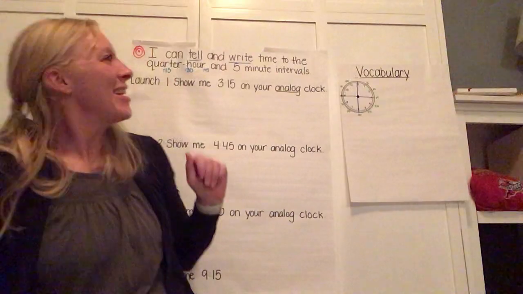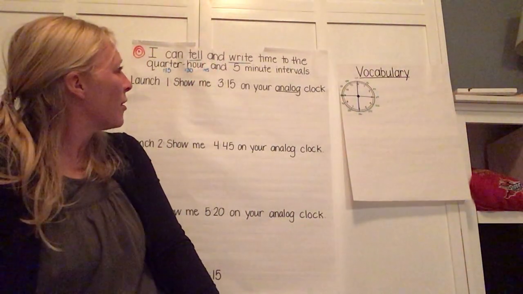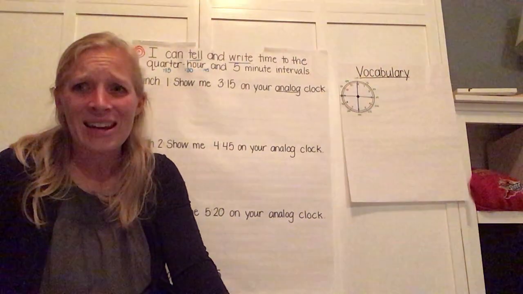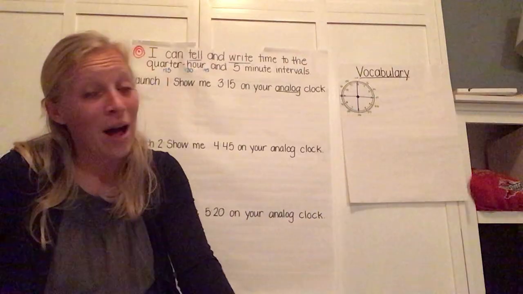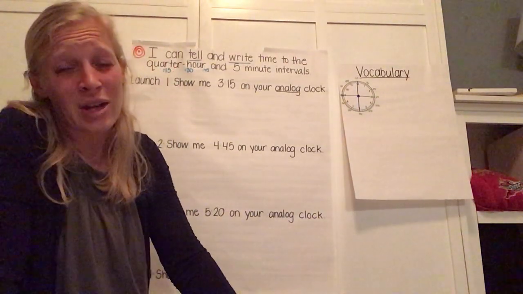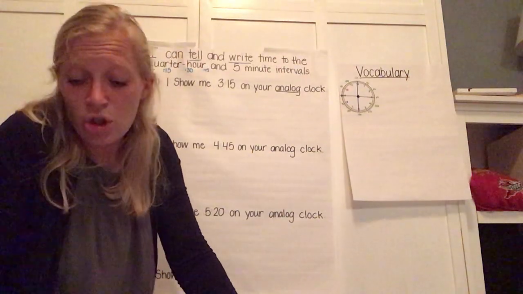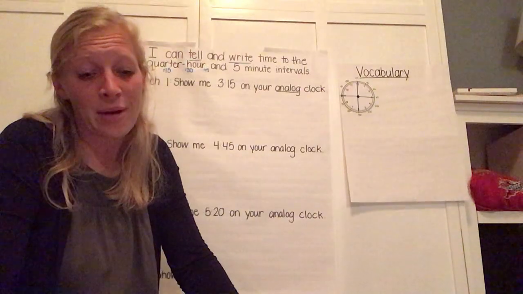I can tell and write time to the quarter hour and the 5-minute intervals. What does that mean? Well, we've already done some of this before. We've told and wrote time before. I've showed you a clock that might look like this, and you've written the time for it.